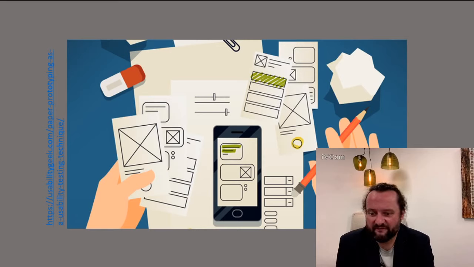Sketch the simplest method, physical prototypes. Use the extra time that you have right now, since we do not have to commute, and see if you can build a prototype with the stuff that is sitting around at your place at home.